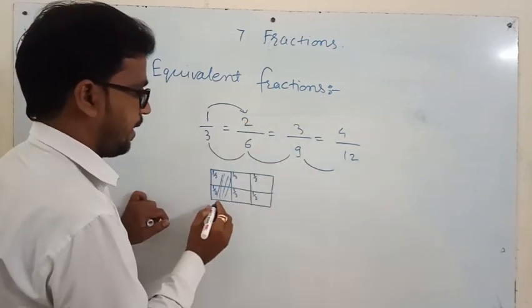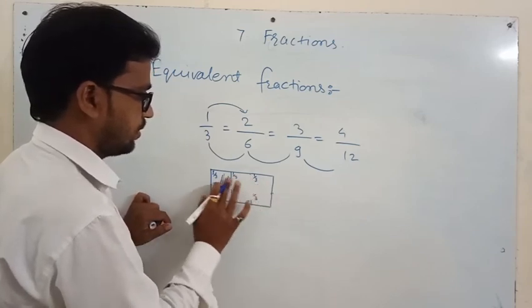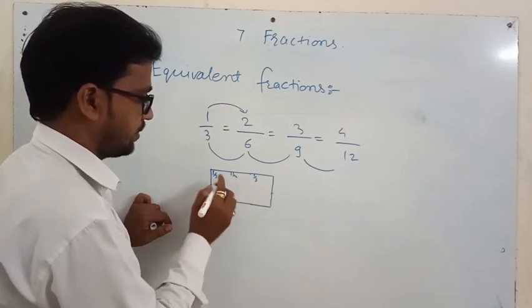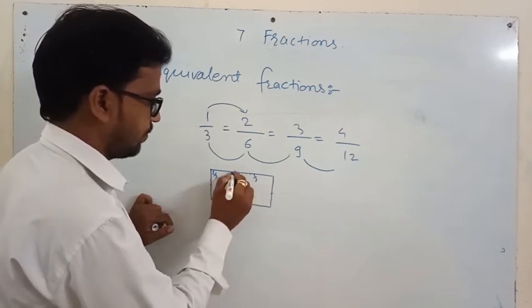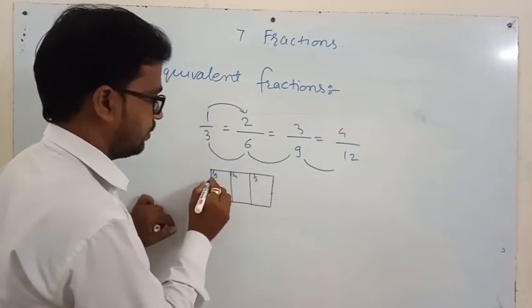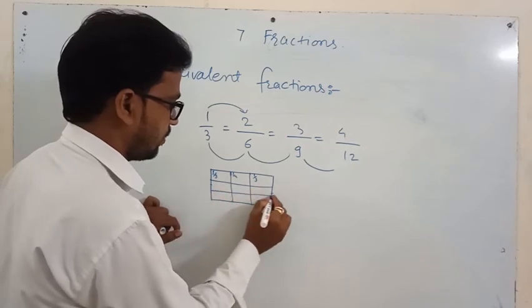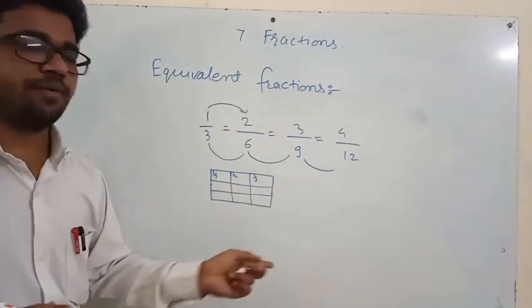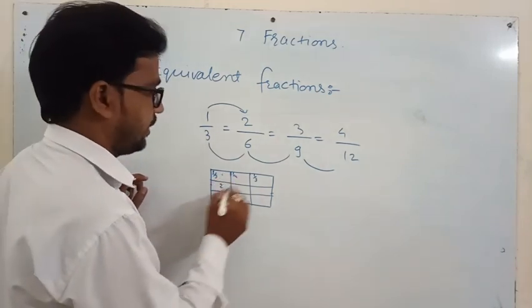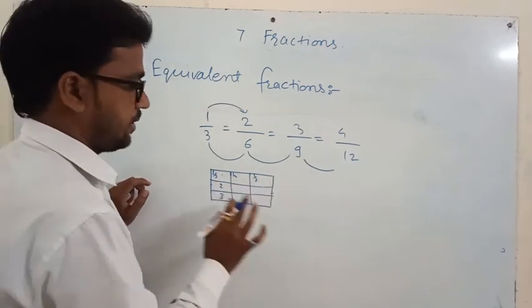Then if it is 3 by 9, the same parts we divide into 9 parts. These 3 parts are divided into 9 equal parts. So here 1, 2 and 3, 3 equal parts from the 9 equal parts.